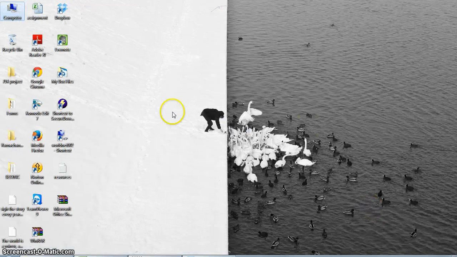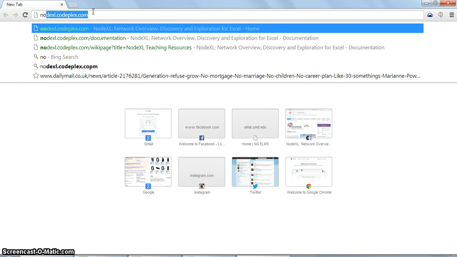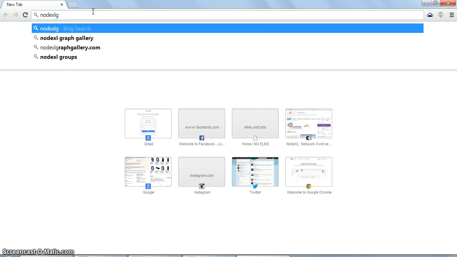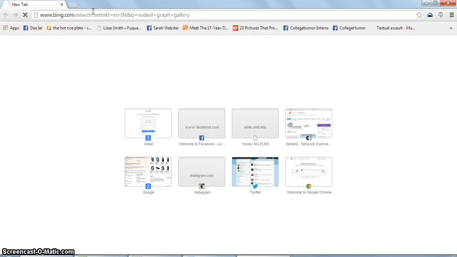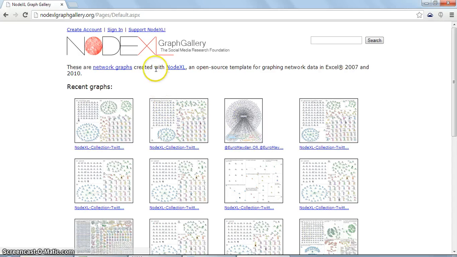Node Excel also has a graph gallery. It's called Node Excel graphgallery.org. This contains a wide variety of Node Excel graphs which are uploaded every day by the users.